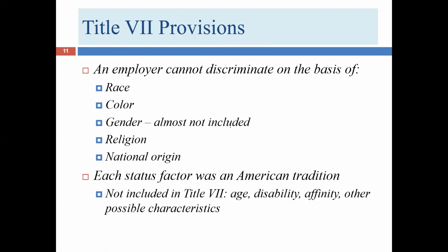So when Title VII was being put before the Congress, a Southern senator who generally opposed the statute and opposed the protections for African Americans that was being recommended for the statute, got up and moved to make an amendment to the statute to include gender as a characteristic. There had been no discussion about adding gender before then, and he made no comments as to why he was recommending that it be added.